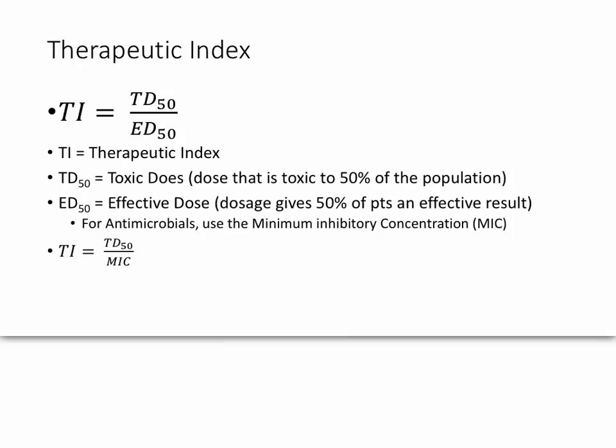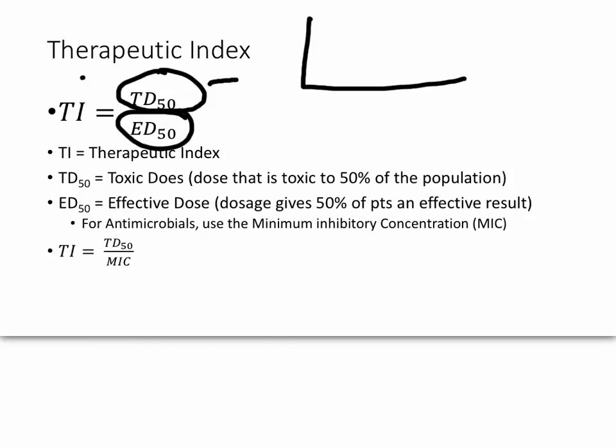So therapeutic index, that's saying I want to know the toxic dose 50, the TD50, over the effective dose 50, the ED50. What this means is that if we're charting the entire population, here's the dose, and here's my toxicity.